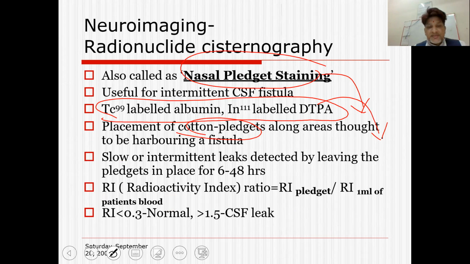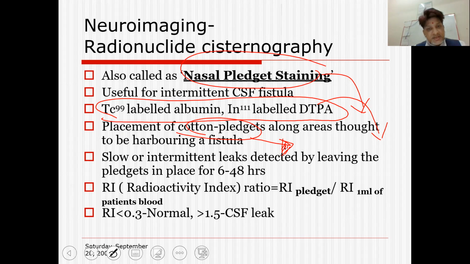And all of you know that CSF is drained through the arachnoid villi into the subarachnoid space. So precisely these cotton pledgets will stain themselves in order to correctly locate the leak.